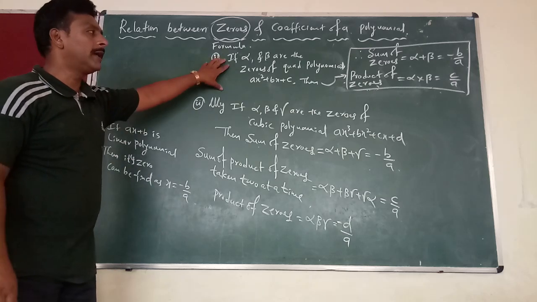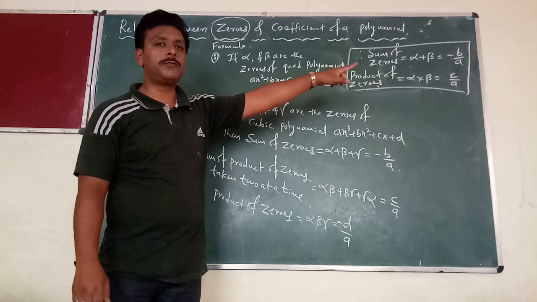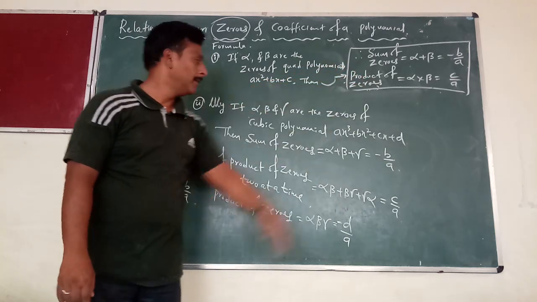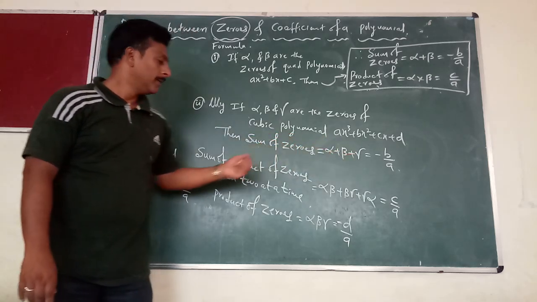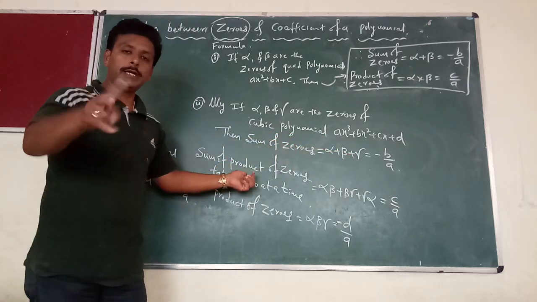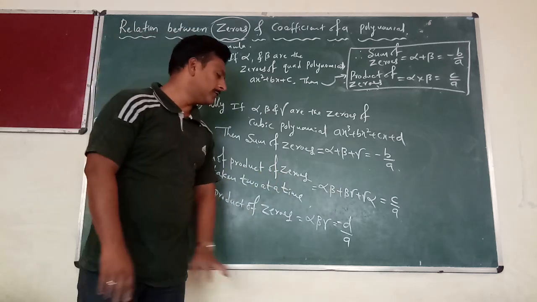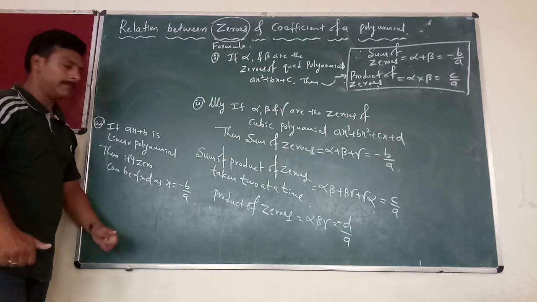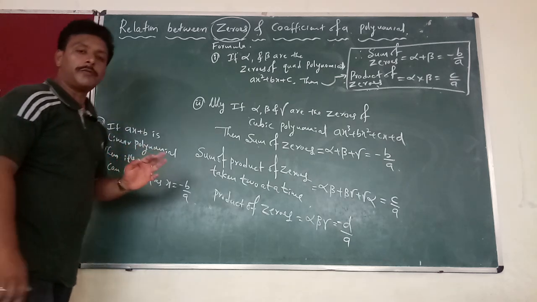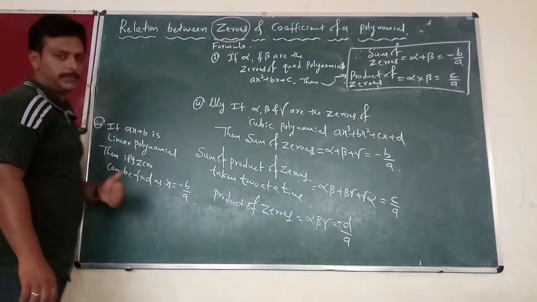For quadratic, there are two zeros: sum minus b by a, product c by a. For cubic, there are 3: sum minus b by a, sum of products taken 2 at a time c by a, and product of zeros alpha beta gamma is minus d by a. So these are the 3 formulas related to the sum and product of the zeros.